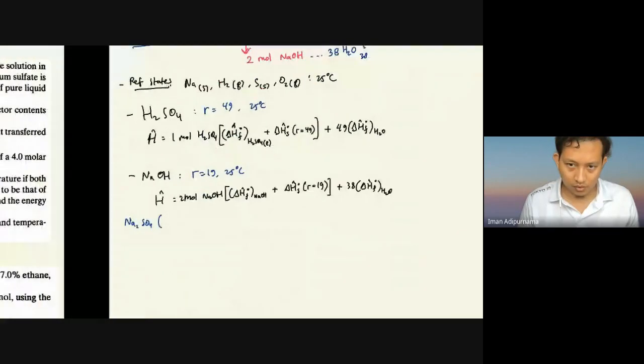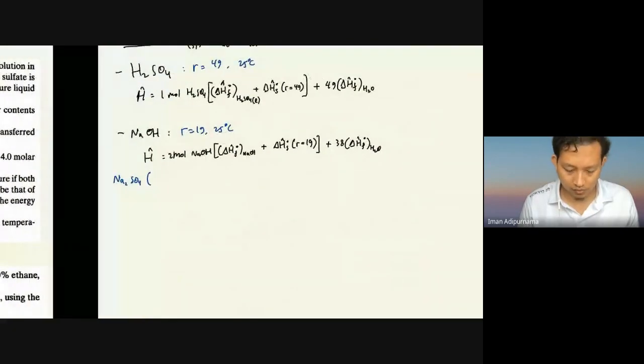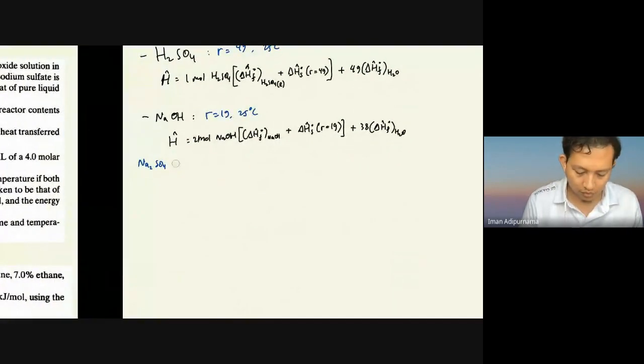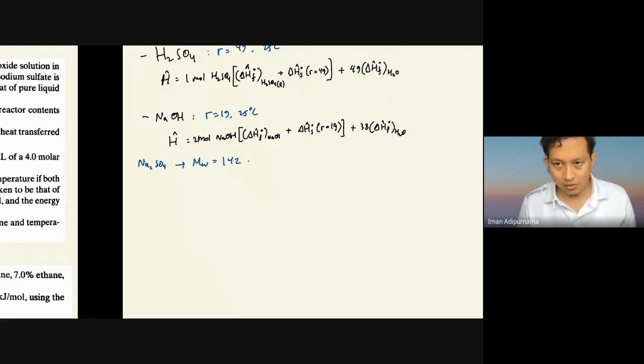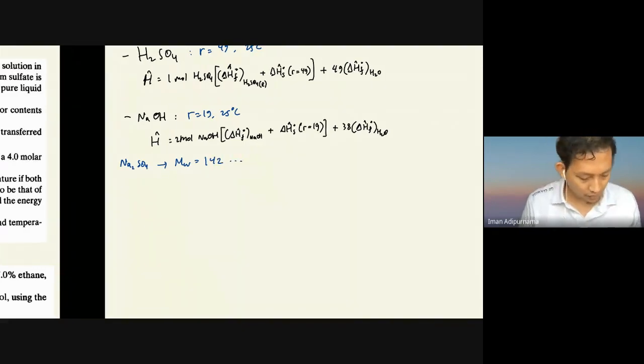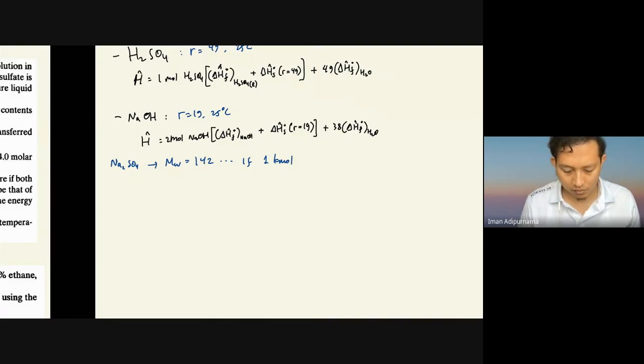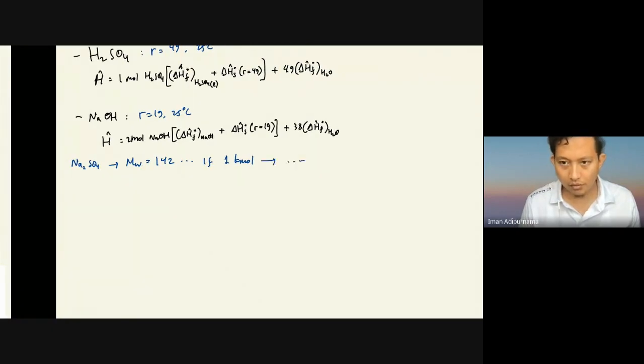So let me write here, it has a molecular weight of around 142. If it is 1 kilomole, you can get the amount in kilograms.